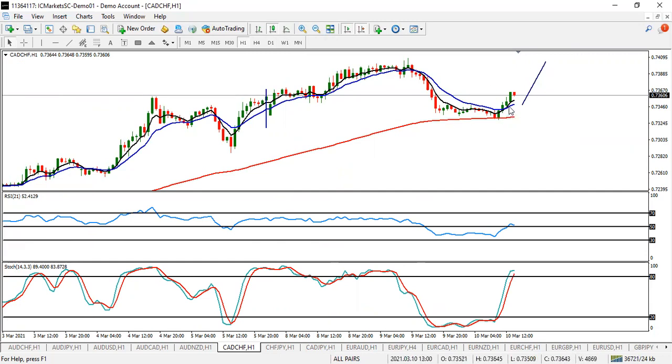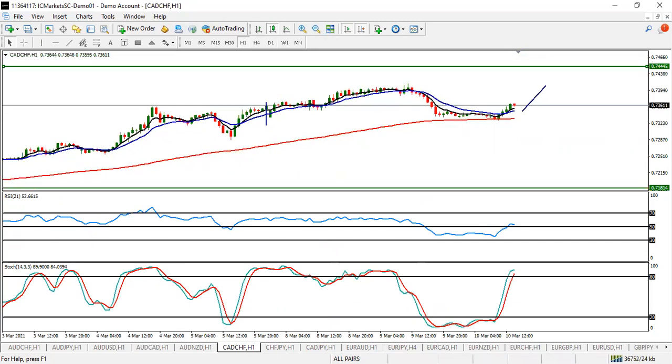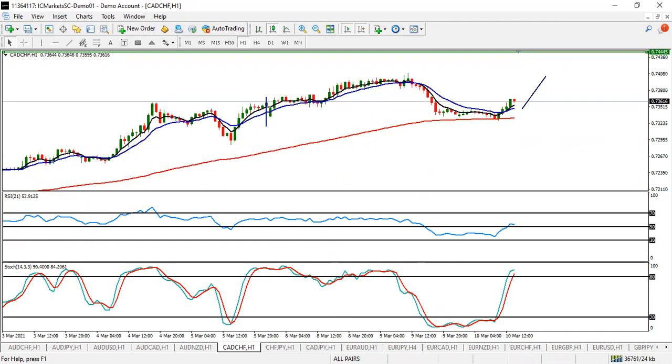So you may want to wait for the pullback and enter the buy entry through the stochastic continuation, and take your first profit before this high, while your overall profit is going to be 0.7324.